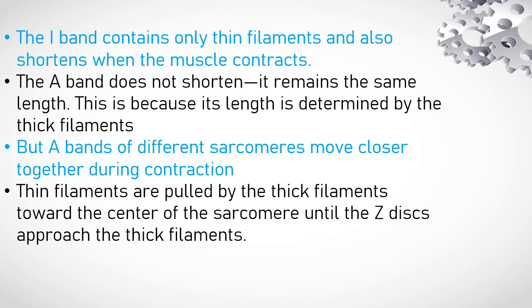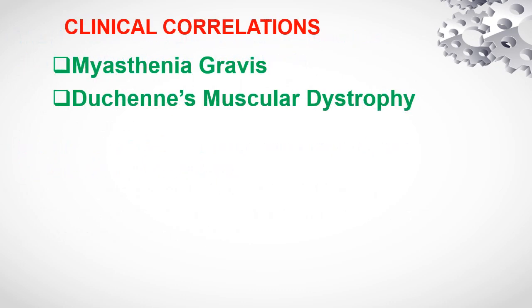Now let's look at some clinical correlations towards the functional unit of a muscle fiber. You have a condition known as myasthenia gravis. Myasthenia gravis is simply an autoimmune disease, meaning that it is a disease caused by our own body. Our own body will produce antibodies.